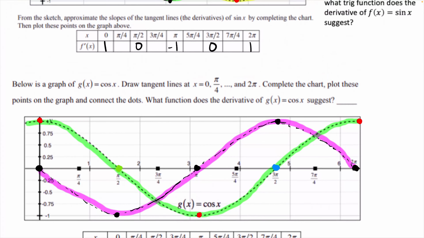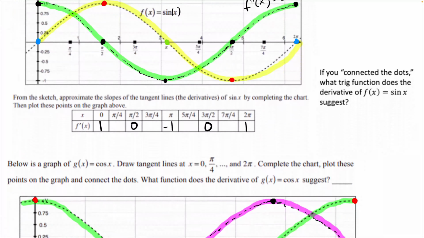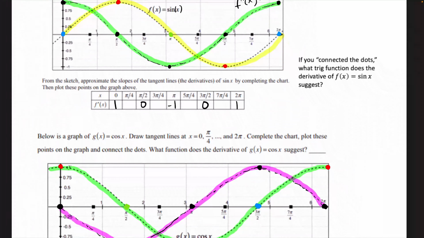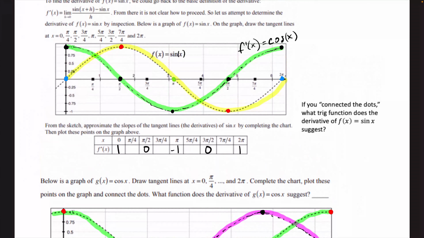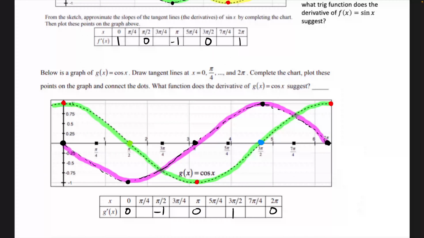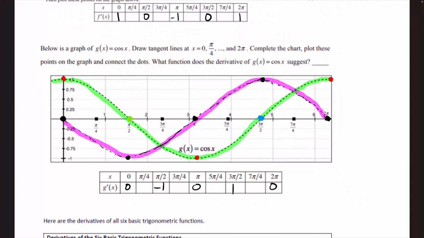Yeah, it looks like sine flipped, right? The magenta and the yellow up here from the first one look very similar. They're just flipped. Sine goes up, goes down, goes back up. This one goes down, goes up, goes down, right? It's the opposite.